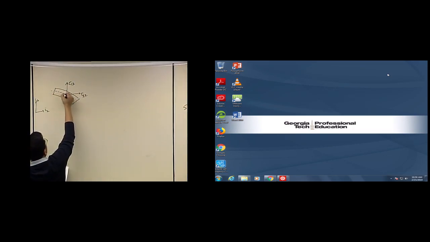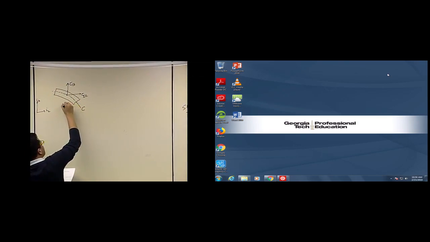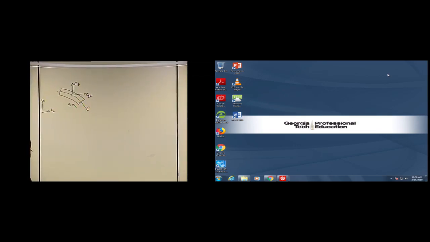So this is our curve C, and the coordinate is S that we defined in the last class. The center line is the curve C, and the S coordinate goes along the curve C. So instead of writing tau 1 2 and tau 1 3, we can define coordinates along this curve.